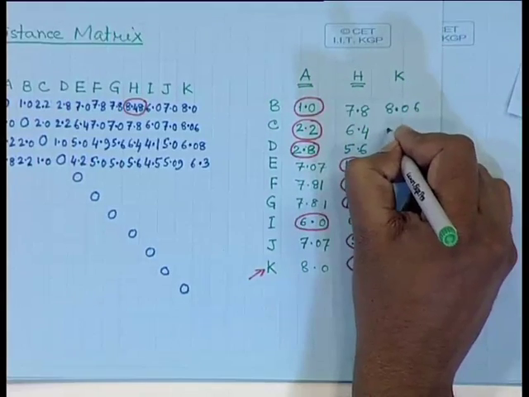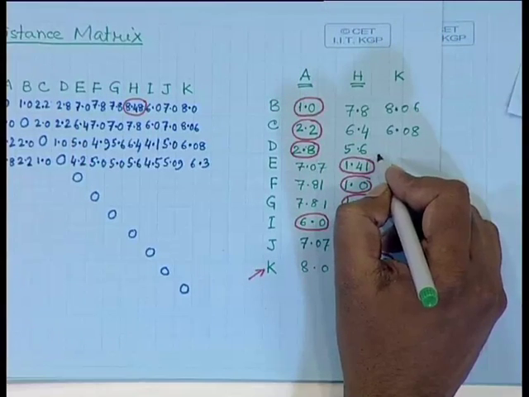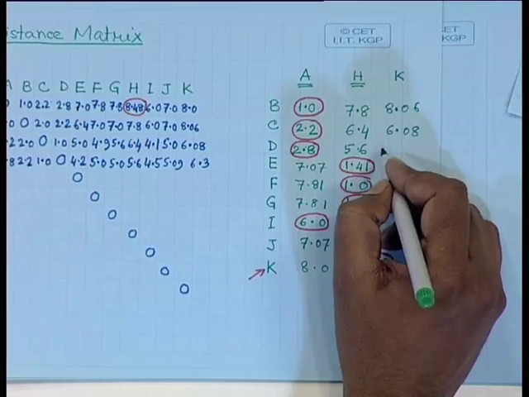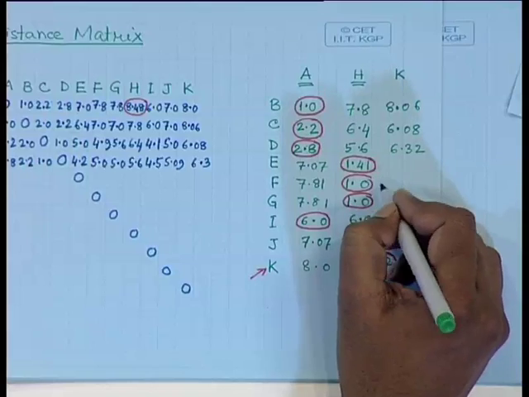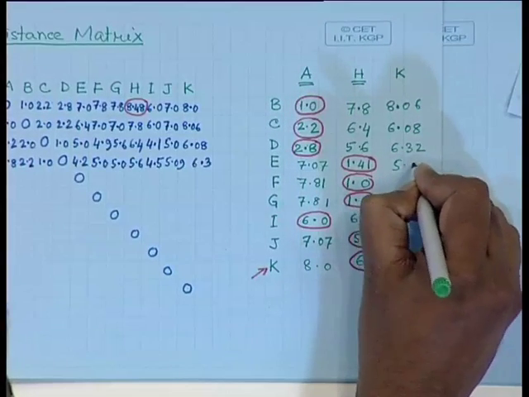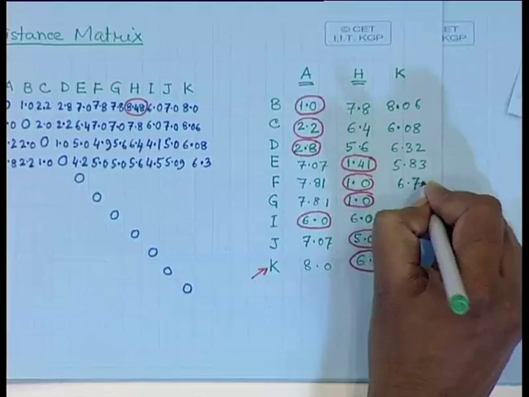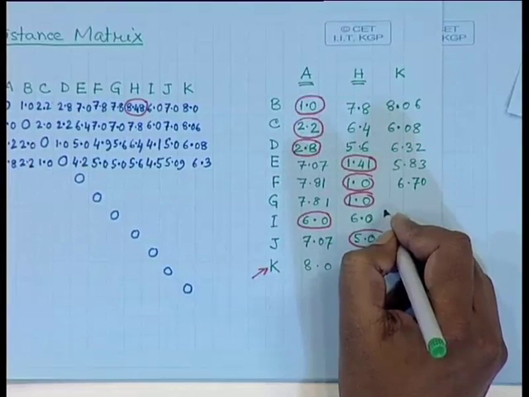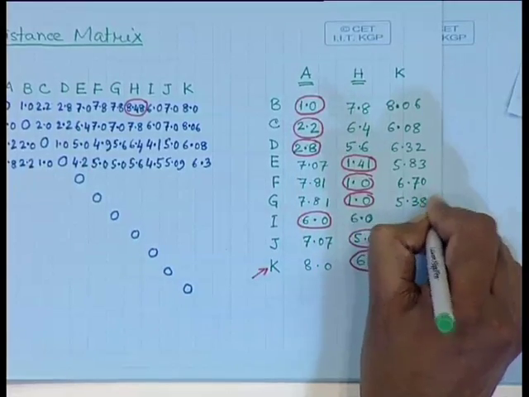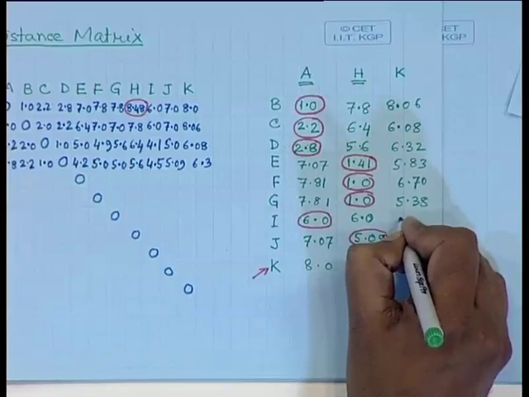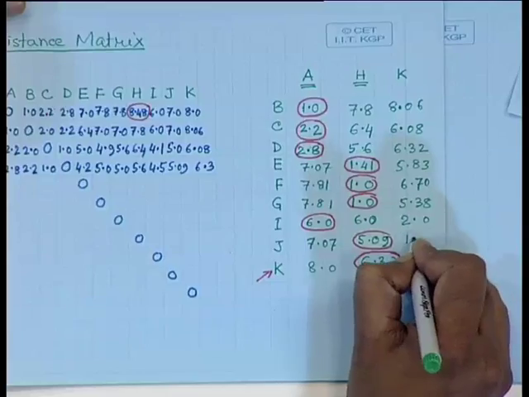The distance between C and K comes out to be 6.08, between D and K 6.32, E and K 5.83, between F and K 6.70, between G and K 5.38, between I and K 2.0, and between J and K 1.41.